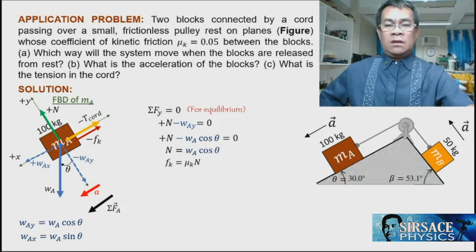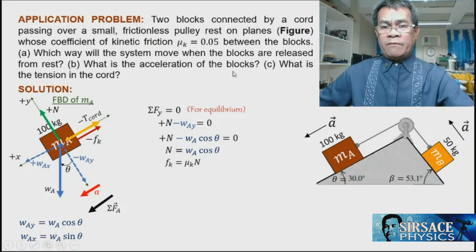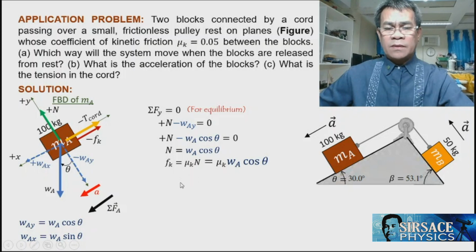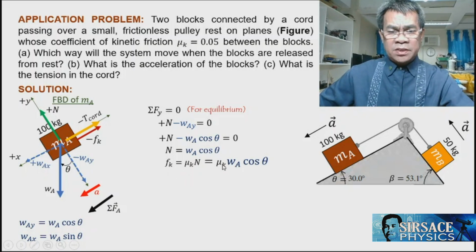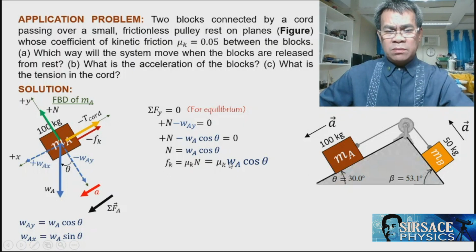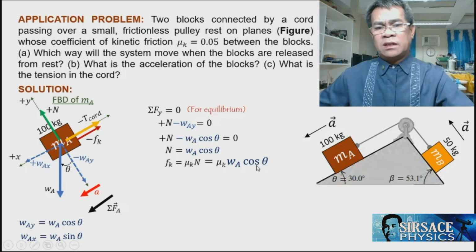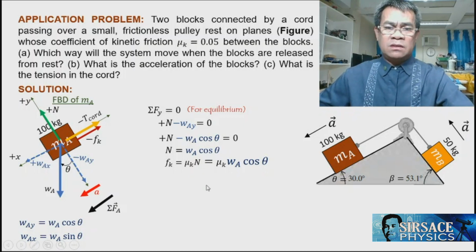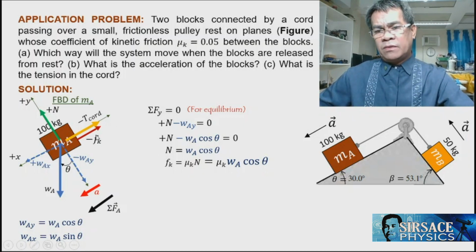Now, summing up forces along y, since we know already the normal force, the kinetic friction is mu k WA cosine theta. So we have already the value of the friction.